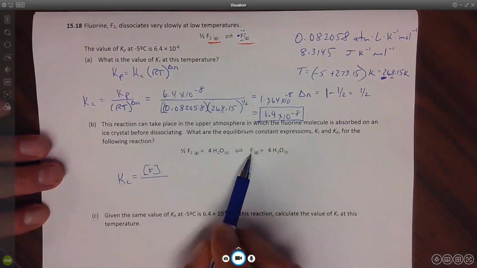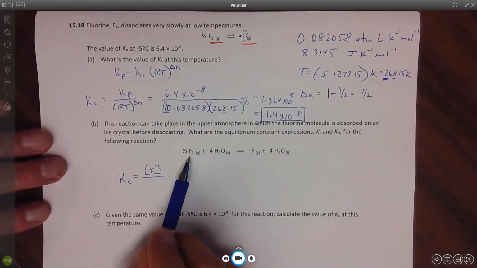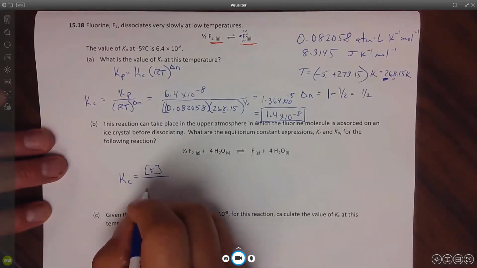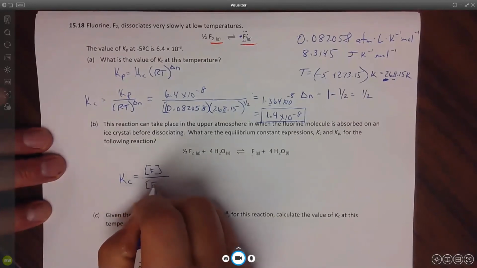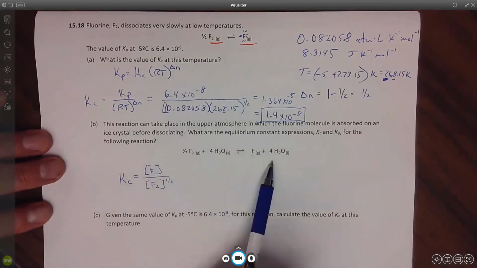Okay, this is fluorine. We would call it atomic fluorine. This we would actually call fluorine or molecular fluorine. There is no fluoride here. Fluoride would indicate that it had gained that electron and was an ion. But otherwise, you are right. It's this here. Again, pure solids and liquids don't appear.